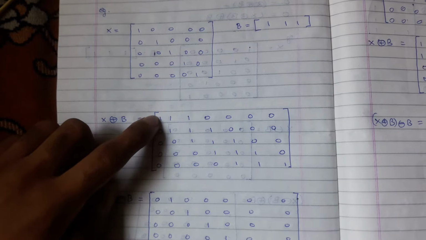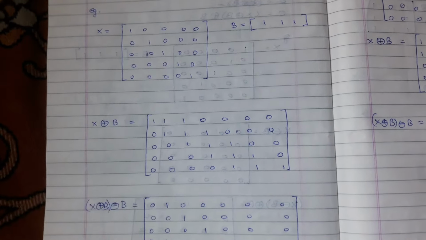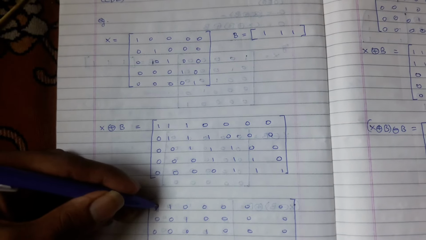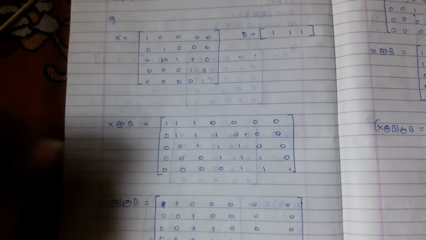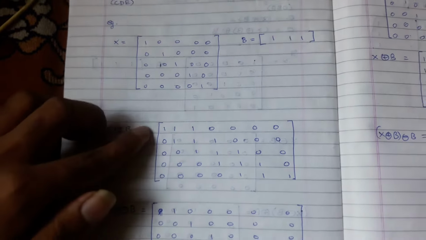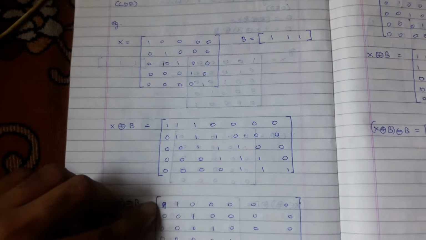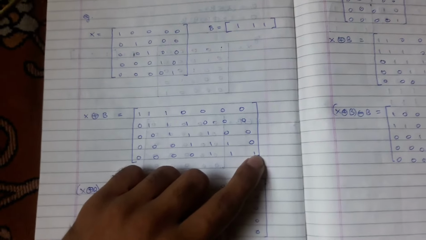So MATLAB will give you an output where here also there is 1. This also is 1 according to MATLAB, because it just does not care if the structuring element goes out of the matrix. The same thing is repeated over here.